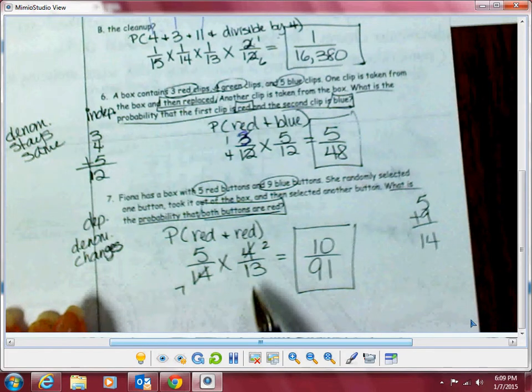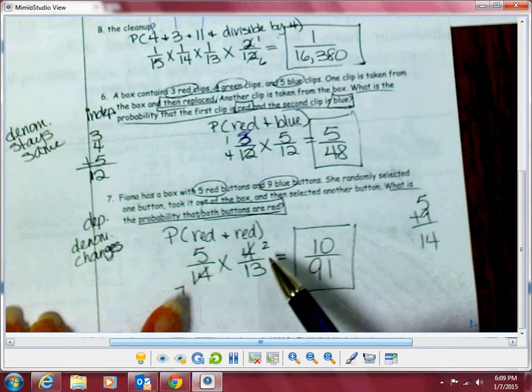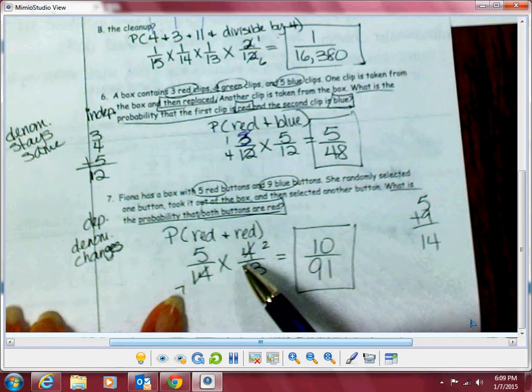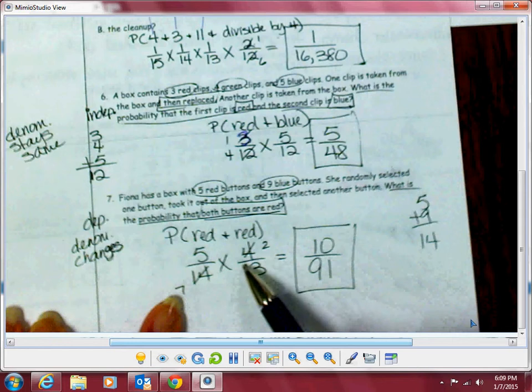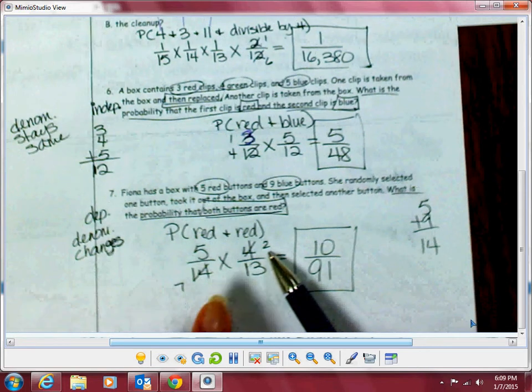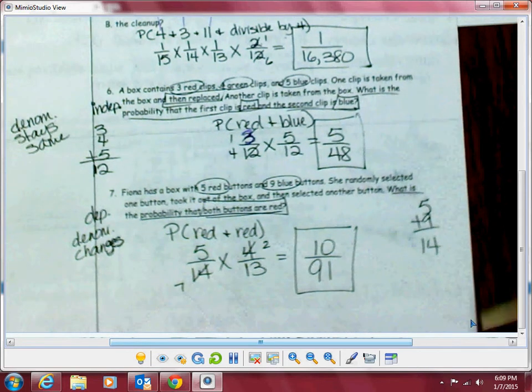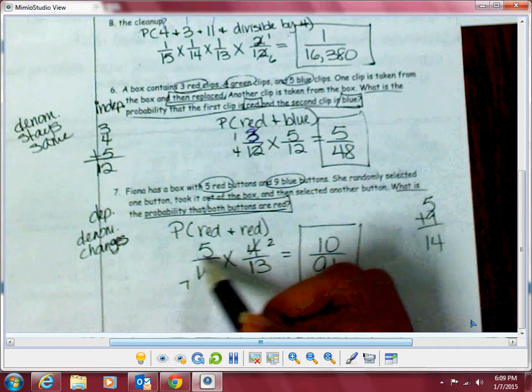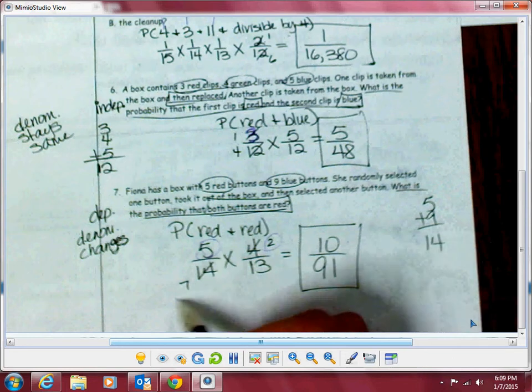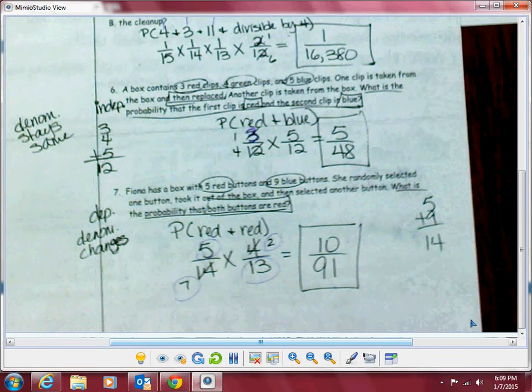So that's where we get 4/13. I simplified the 4 and the 14 by dividing them both by 2. So 4 divided by 2 is 2. 14 divided by 2 is 7. Once we multiply the numbers together, 5 times 2 is 10. 7 times 13 is 91.